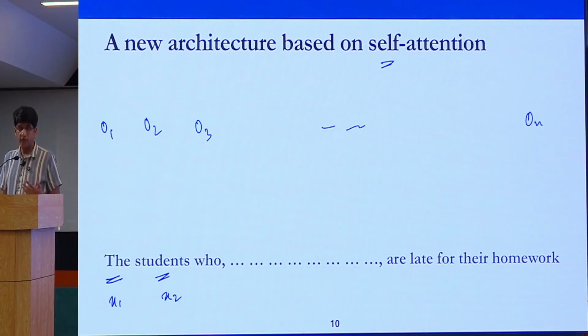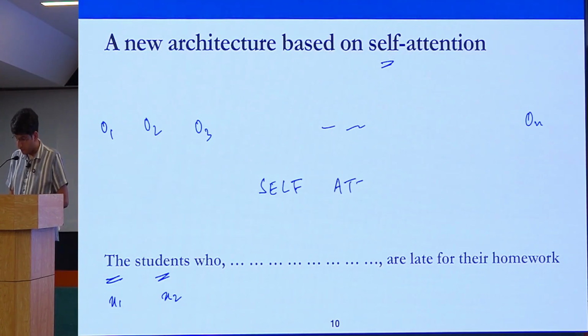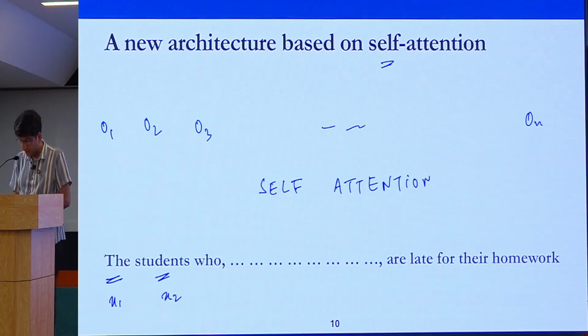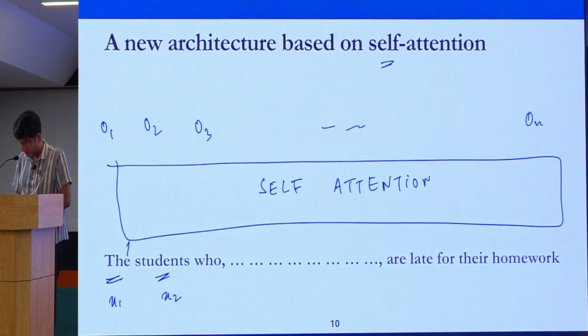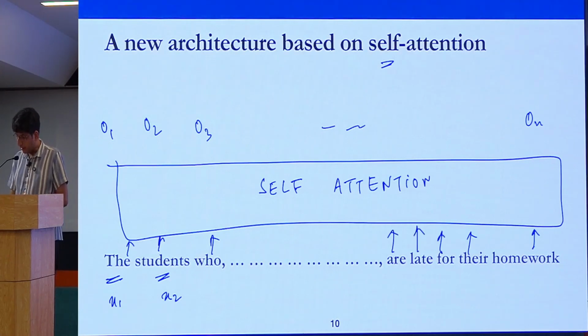These are output vectors after performing, let's say, self-attention. And now you can think of this as a block. Everything is an input to this, and you get an output.